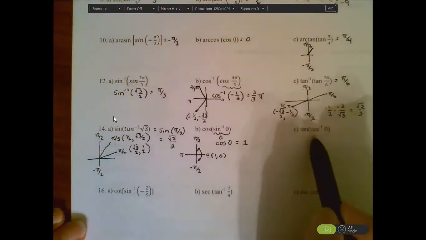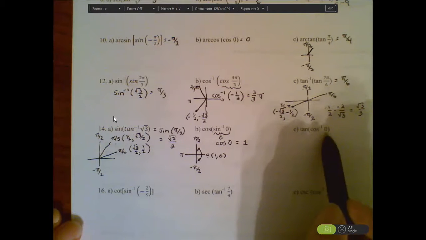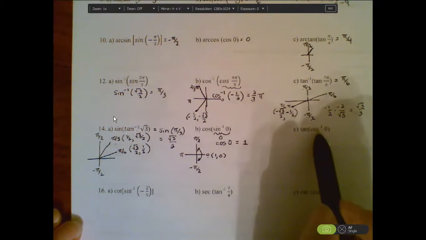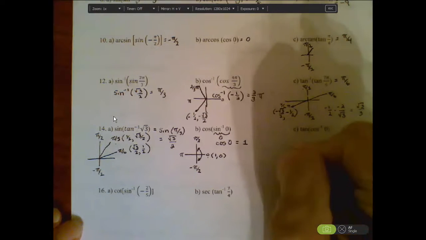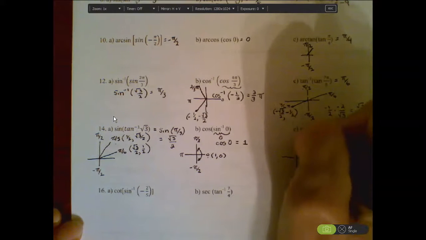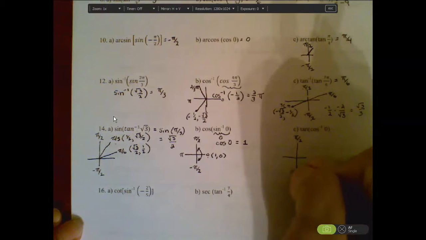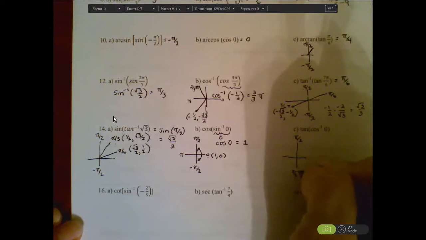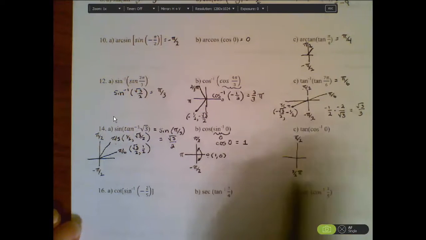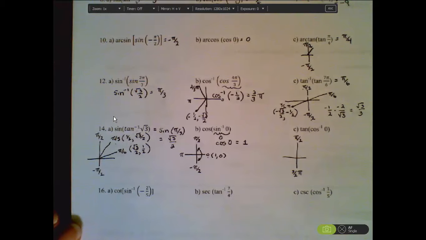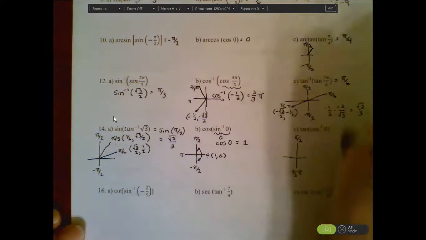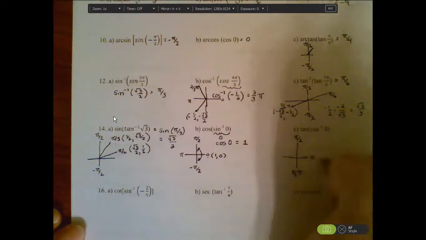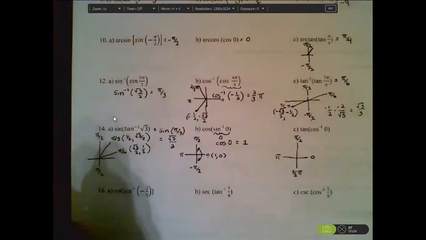In the C part, I'm looking for the angle whose cosine is 0. That's the angle whose x coordinate is 0. That either has to be at pi over 2 or 3/2 pi. It has to be on the y-axis because that's where x is 0. And if you think about what inverse cosine can give you as an answer, inverse cosine has to give you something between 0 and pi.